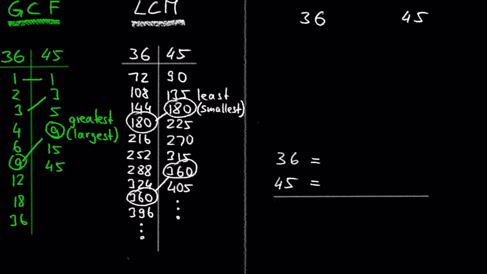What I wanted to add here is that this list never ends, because we can always add 36 or 45 to each number. But in contrast, the list of the greatest common factor ends here.